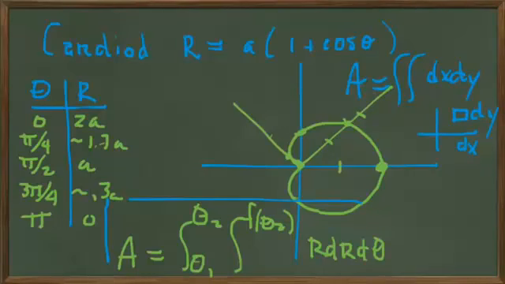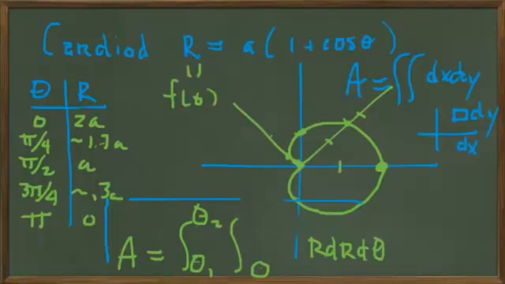That is just 0, and then how far are we out at the end on the curve? That is our f of theta, which we're going to put in as a times 1 plus cosine theta. And so let's take this integral over to the next blackboard.